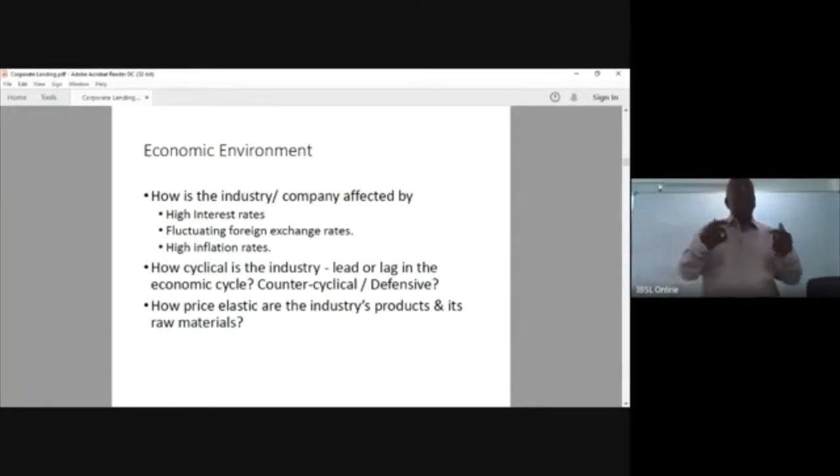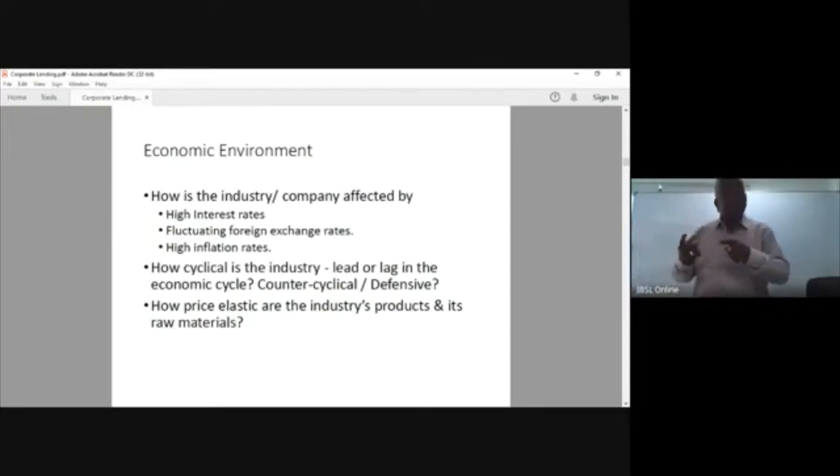Then the inflation rate. High inflation rate. We all know inflation means a general increase in prices. Obviously, in any country, inflation is there. It is slightly increasing over a period of time.